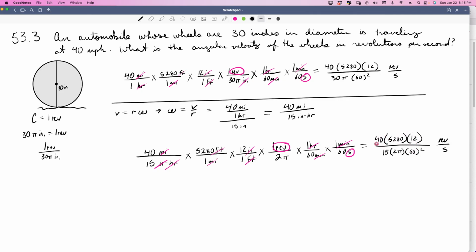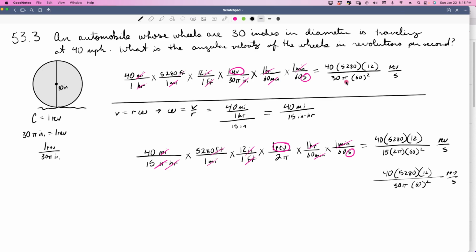We can't move the 40 around because that's just where it lives in the numerator and there's nothing to put it with. But what I can do is multiply 15 times 2 pi and I end up with 40 times 5,280 times 12 over 30 pi times 60 squared, and that is revs per second. So it's exactly the same thing that I have up here.